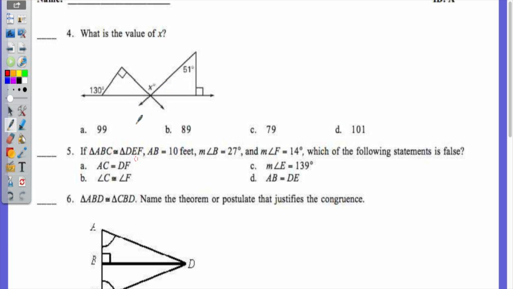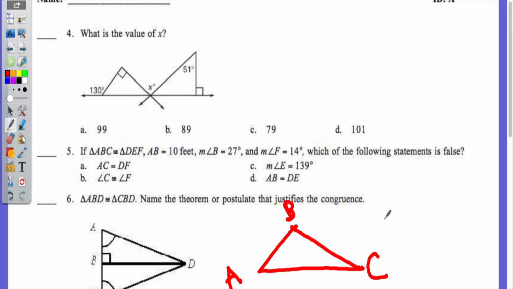Number 5, okay? So number 5, I have two triangles, A, B, C, and D, E, F, but they're congruent. So I'm just going to make a little model here to help me. I'm going to say A, B, C. A to B is how many feet? 10. The measure of angle B is?